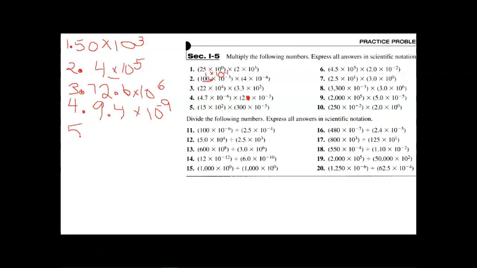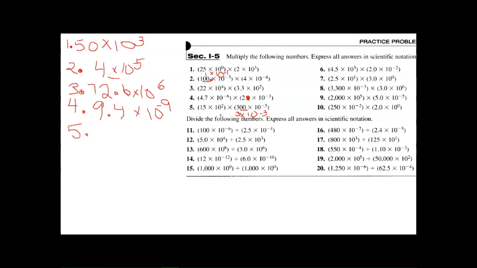And then number 5, before we get to division, I have 15 times, ooh, that's not a number I want to mess with. That looks like a pain in the rear. So let's simplify this number from 300. Let's move it back this way 2 places. So we end up with 3 times 10 to the -3.